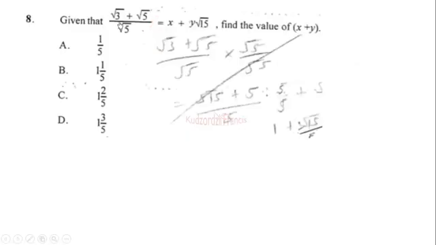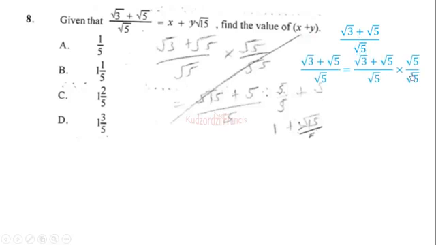We are supposed to simplify this, given that root 3 plus root 5 all over root 5 is equal to x plus y root 15. Find the value of x plus y. So how do we go about this? This is what is given to us, so we rationalize by multiplying both the numerator and the denominator by root 5.